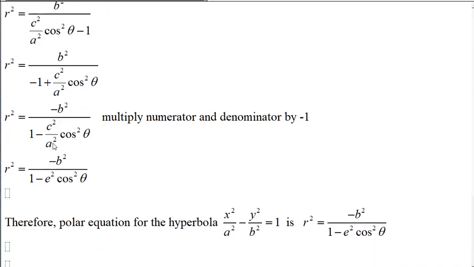And then c squared over a squared is e squared. And therefore, the polar equation for this hyperbola is r squared equal to negative b squared divided by 1 minus e squared cosine squared theta.